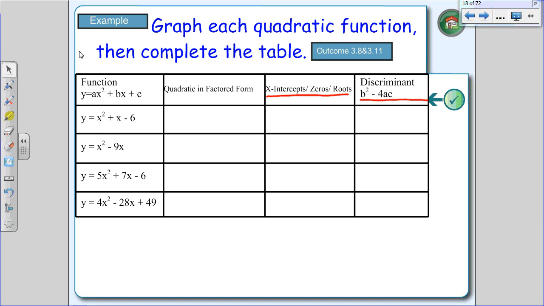Sorry, minus 6. X squared plus x minus 6. Graphing on my standard window. When I graph it, just so you know you have the right graph, you could have something like that little red graph there.